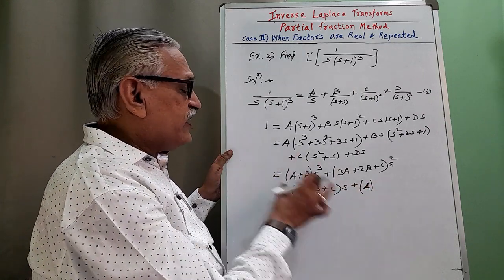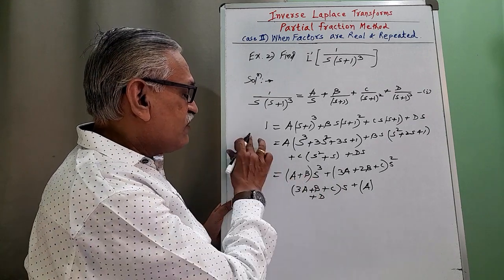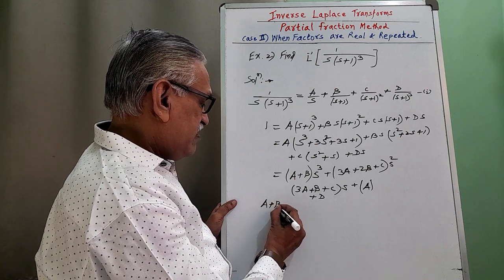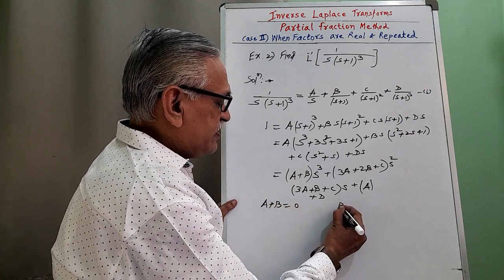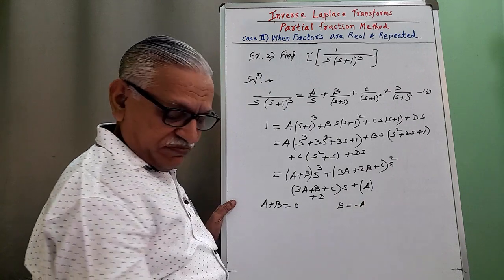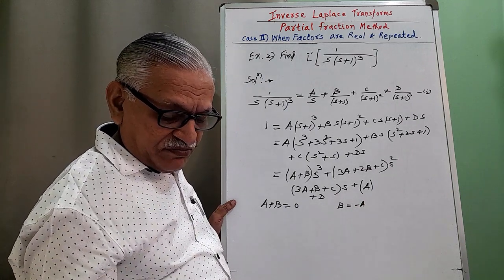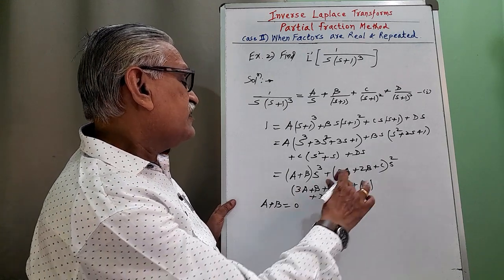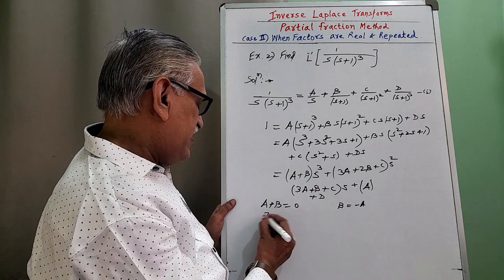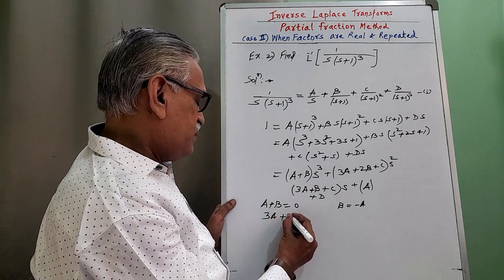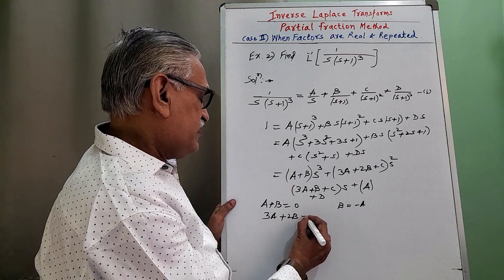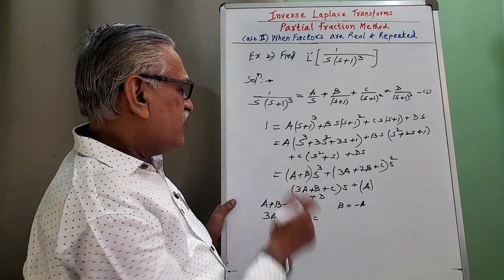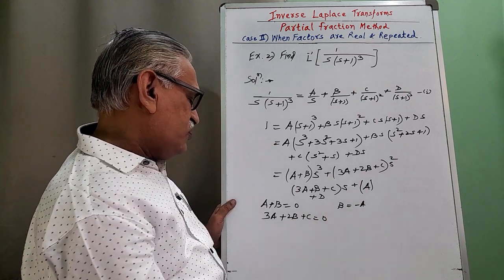Then comparing the left hand side with the right hand side, there is no term of s cube, therefore we get a plus b is equal to 0. It implies b is equal to minus a. Okay, then the coefficient of s square is 3a plus 2b plus c, and there is no term of s square on the left hand side, therefore it is equal to 0.